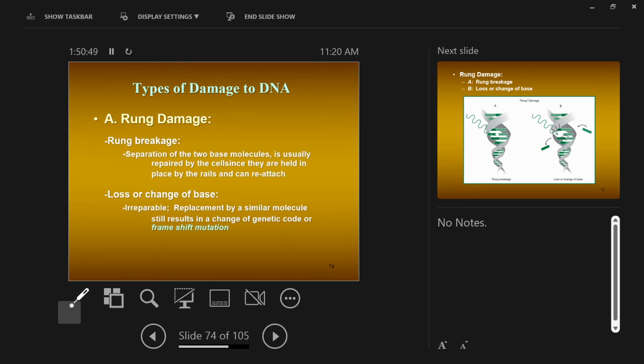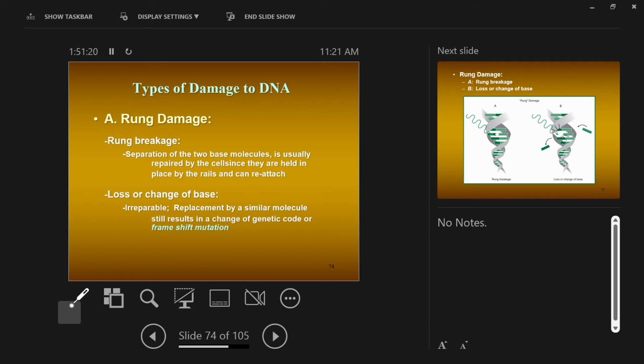However, a loss or change of the base, if an entire rung is changed, is irreparable. That creates a mutation, a frameshift mutation, and that's going to change the code. That's going to build a protein that is not the right protein, which is going to cause the cell to build either not enough of the protein, or the protein plus some extra, or not build the protein at all.